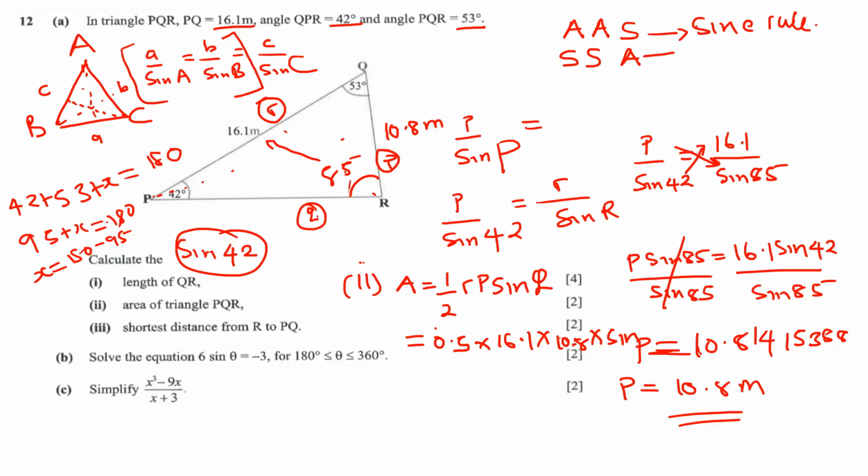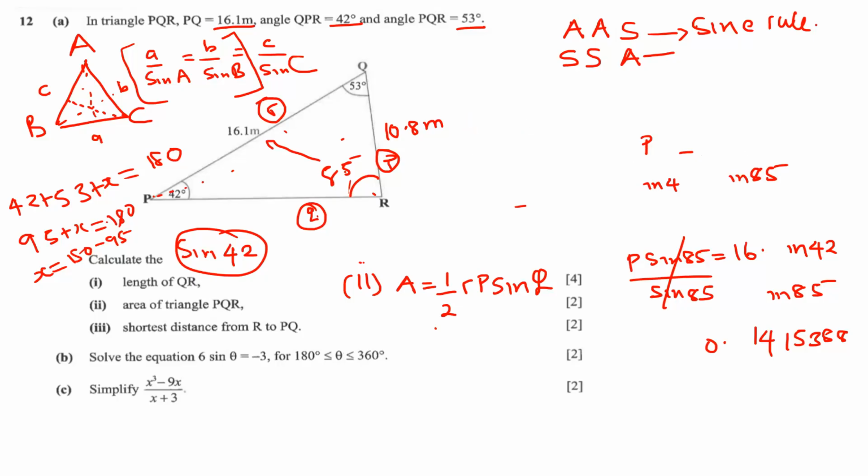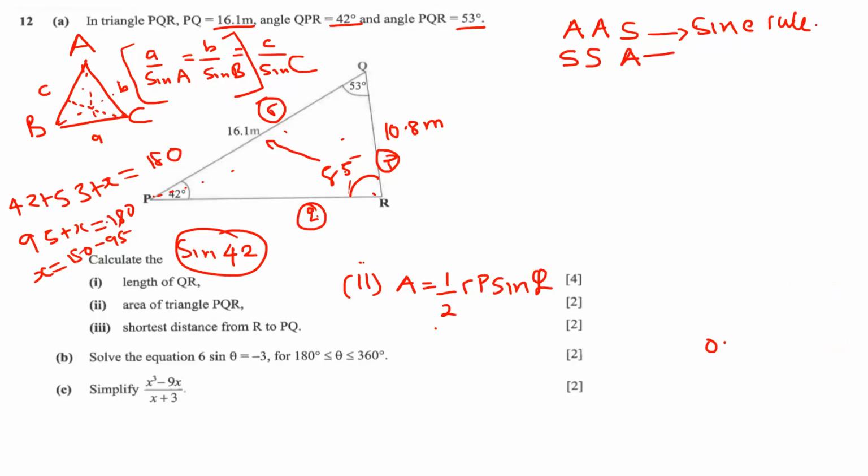Let me just create more space here. Let me just write it in order here, because the place is too congested. So I'm trying to remove some things so that we can see it clearly. I hope up to this point you are following. I have some recordings already available on this. This is not the first one on sine rule.